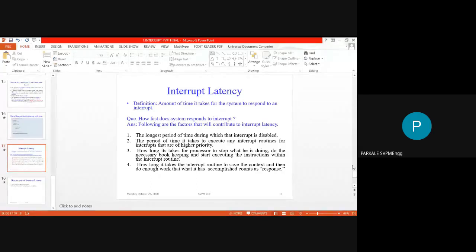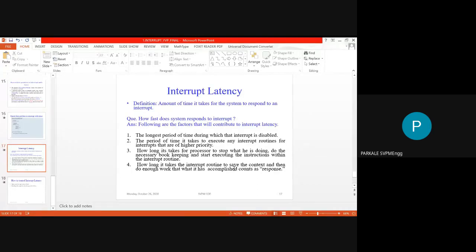Necessary bookkeeping is this: whenever an interrupt comes, the procedure is to shift the control of the CPU from the main task code to the ISR. But you cannot do this directly, because whenever you jump from the main task code to the ISR, you have to copy all the contents of your registers onto the stack memory.